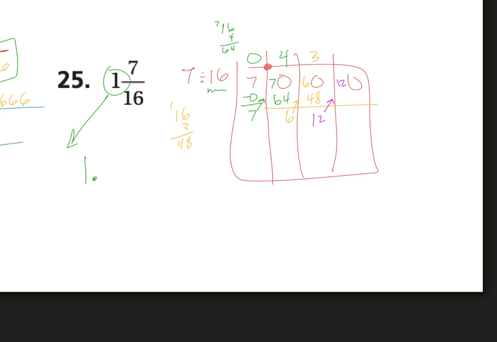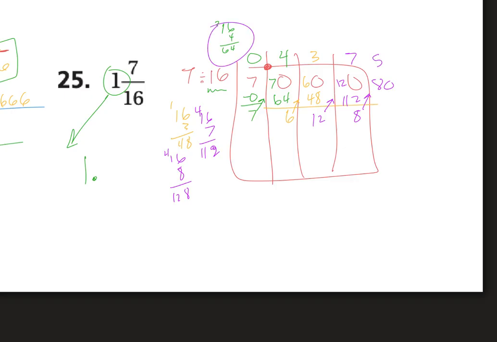Let's go with 8 times 16. 6 times 8 is 48, and that's 128. We were so close. 7. 16 times 7, that's 112. We get 8. 80 now is officially 5.